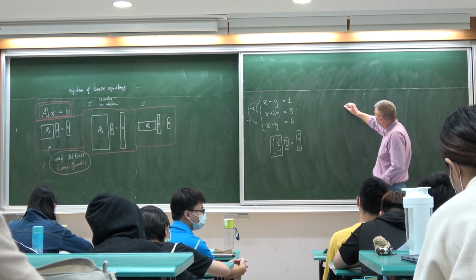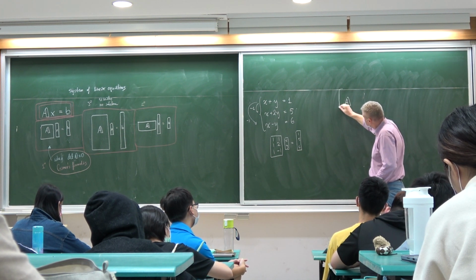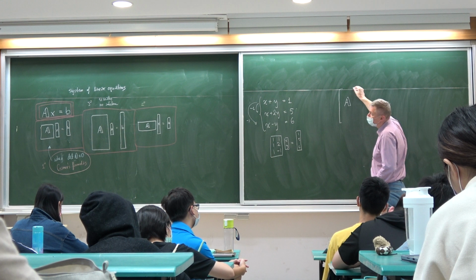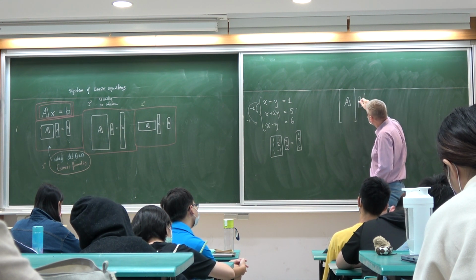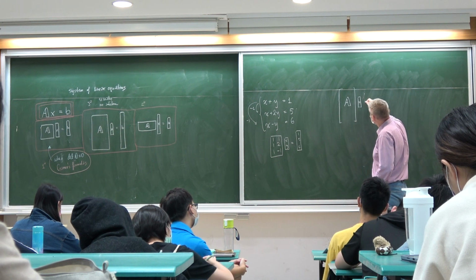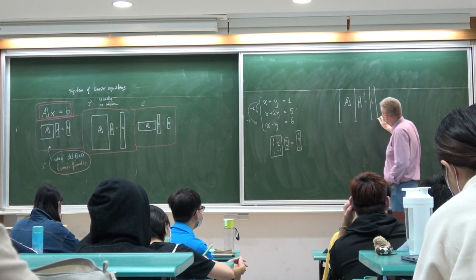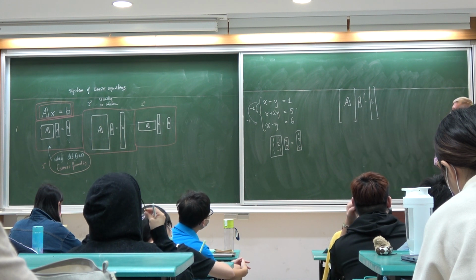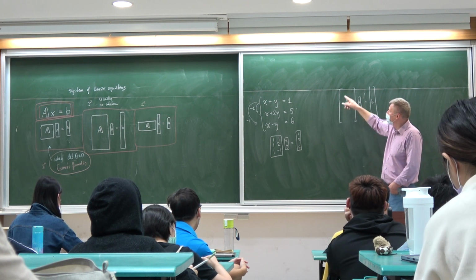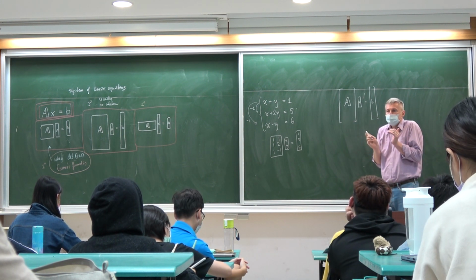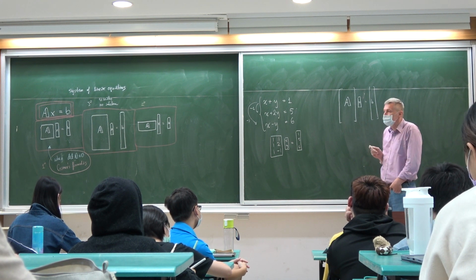How to do that? Again, that's my problem. In order to find x, I would like to change this A into a square matrix. How to change A into a square matrix? How to make it square?